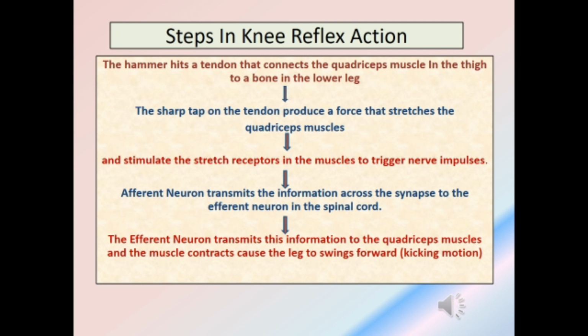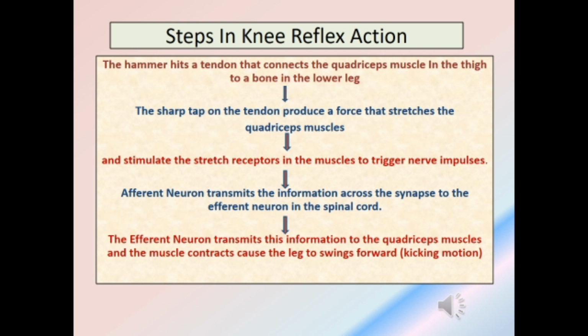Now let's take a look at the steps in knee-jerk reflex action. First, the hammer hits a tendon that connects the quadricep muscle in the thigh to a bone in the lower leg. Can anybody recall the name of the bone in the lower leg? The sharp tap on the tendon produces a force that stretches the quadricep muscles. These stimulate the stress receptors in the muscles to generate nerve impulses.